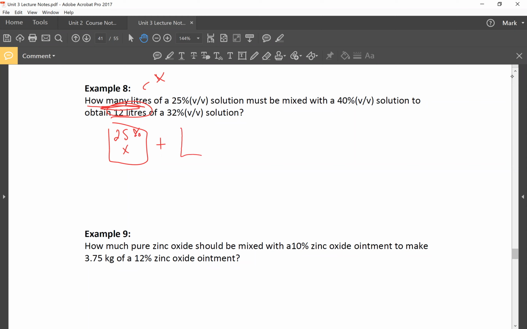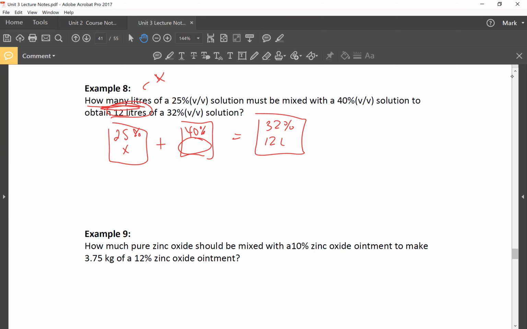We're going to add this to a 40% solution, and we will make a 32% solution that is 12 liters.